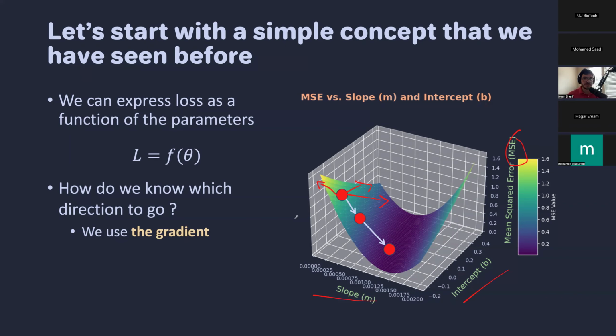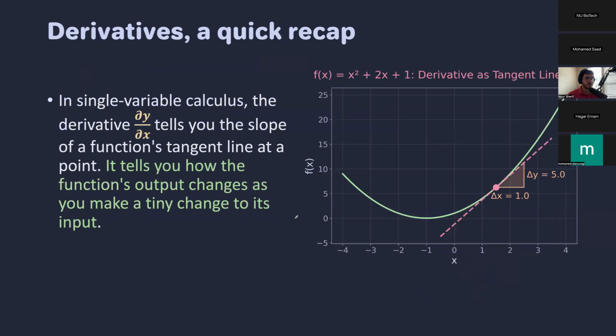Turns out in calculus, there is a very powerful concept called the derivative. If you have a single variable, for example in this equation here, you have x, and a function f of x, which is x squared plus 2x plus 1.